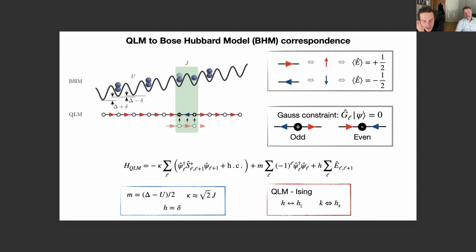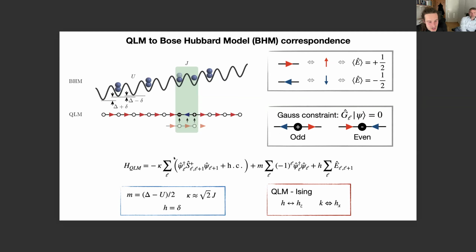And because of the Gauss constraint, you have only these two possible configurations allowed when you create some particle or antiparticle. So essentially the dynamics of the particle is completely fixed by the dynamics of the field. If you want, you can write this equation integrating away one of the two using the Gauss law.